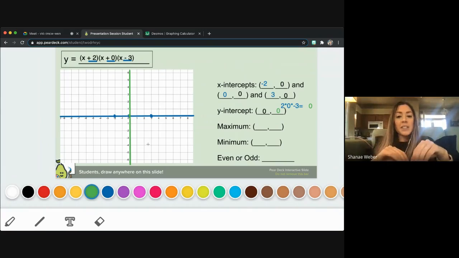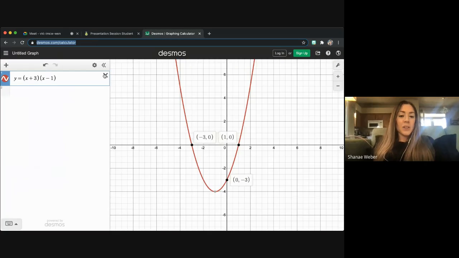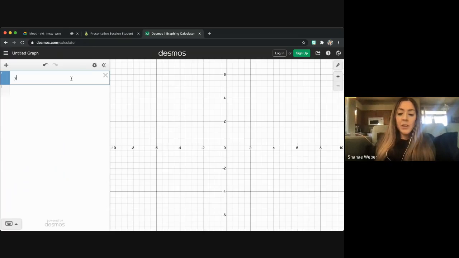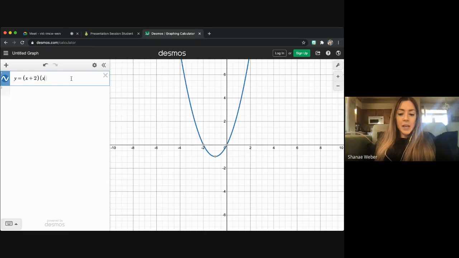So now what we need to do is figure out what our maximum and our minimum is. And in order to do that, we need to graph this equation on the Desmos graphing calculator. So we have y equals x plus 2 times x plus 0 times x minus 3.